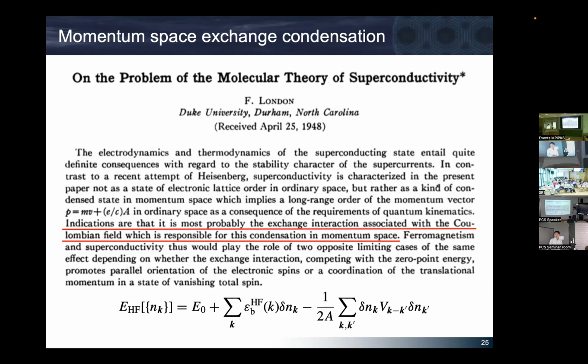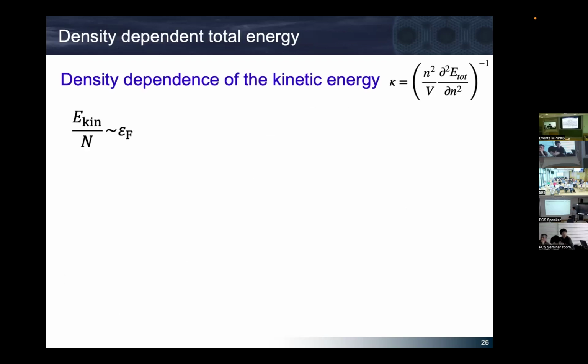Essentially, it says that the exchange interaction tends to bunch together the states that are close in momentum space, and they like to concentrate and enhance the occupation of those states that are nearby in K-space. That would be the hand-waving explanation. And we stick to a minimal model.